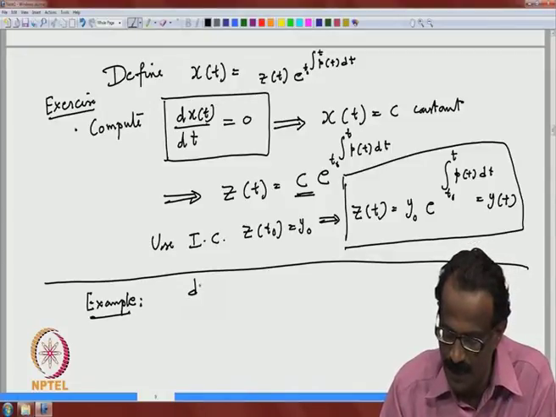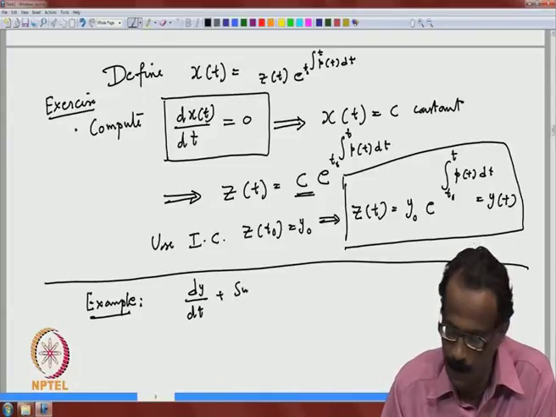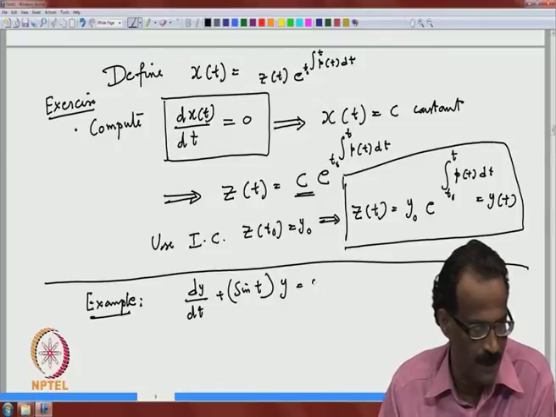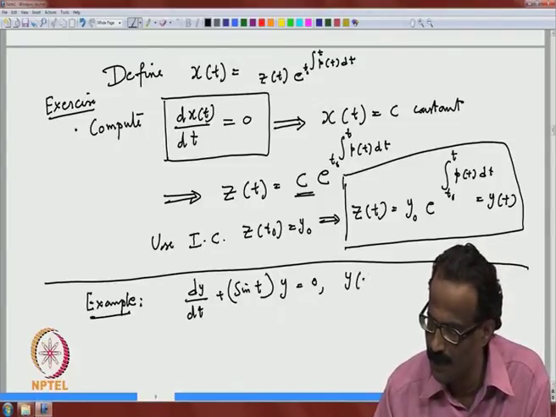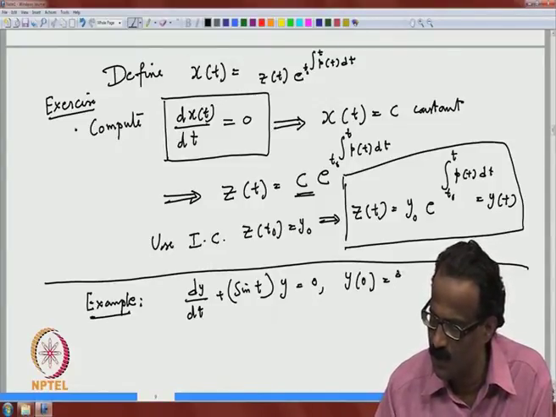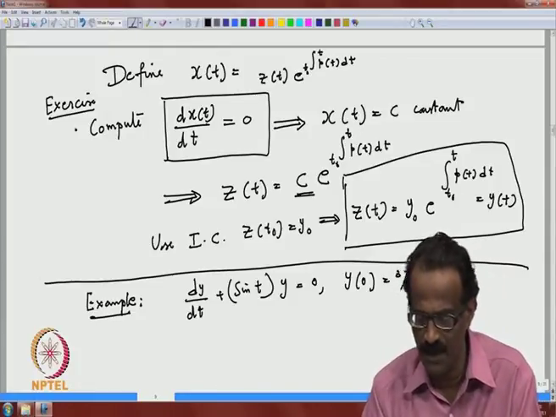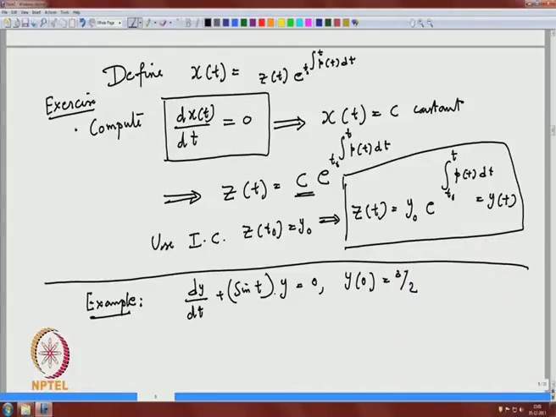Suppose I have dy by dt plus a sin t y is equal to 0. Say y 0 you put some number, does not matter, but for any function, if you want to write down the solution, the only thing you have to see is your computation of p(t).